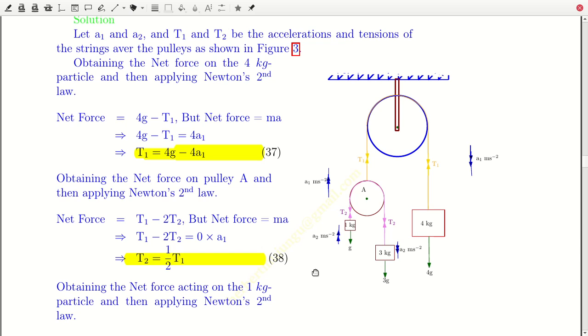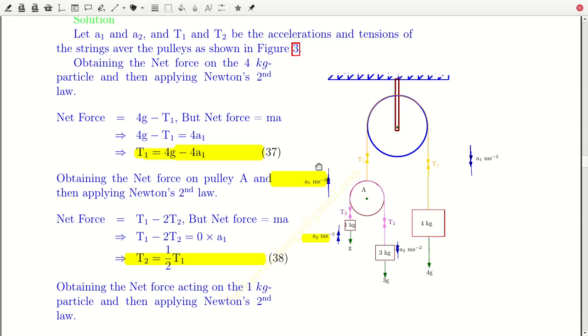So now we move to this particle with 1 kilogram mass. As you can observe, we have assumed that the string over it is moving with an acceleration A2, then the particle of 1 kilogram moves with an acceleration of A2 plus A1.